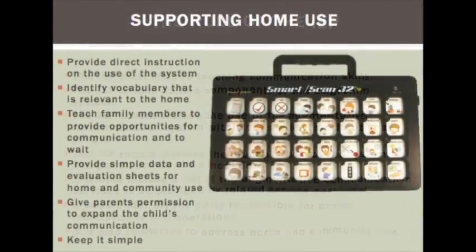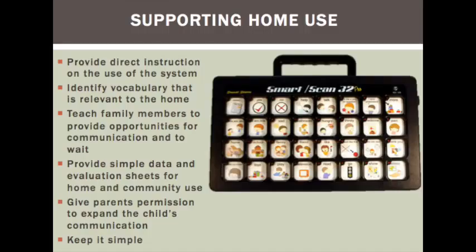In order to assure the successful deployment at home, teachers must develop working relationships with parents. Teachers should also consider patterns of family functioning, cultural diversity, and familiarity with technology when selecting and implementing an AugCom system. Home use can also be supported in the following manner. You can provide direct instruction on the use of the system.